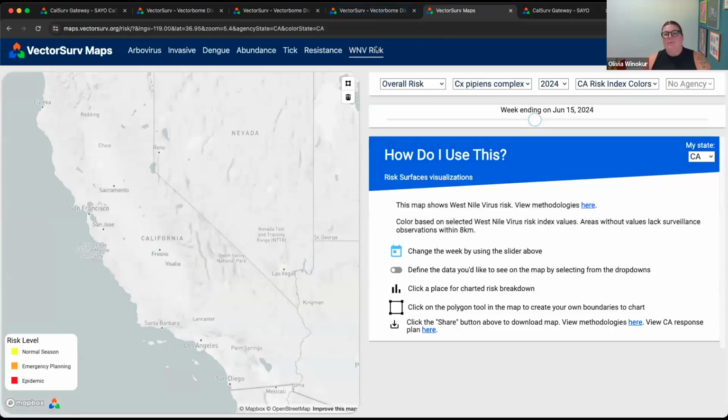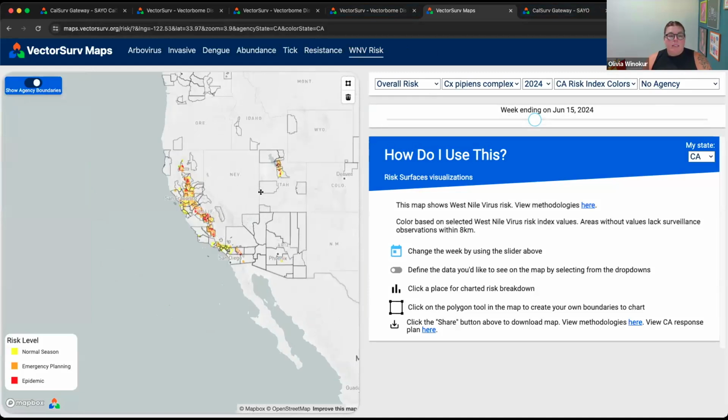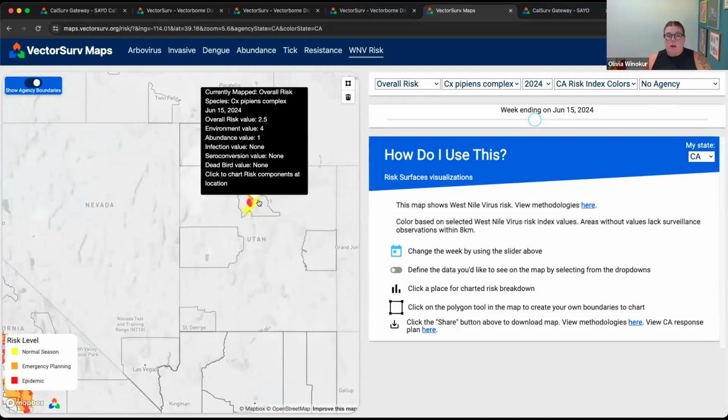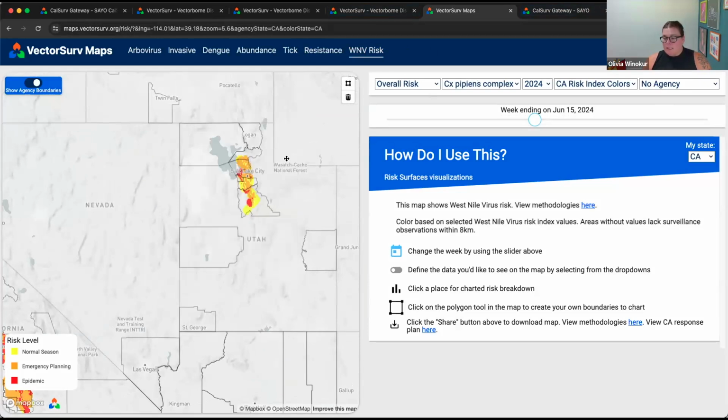So our West Nile virus risk map is basically that calculator running under the hood. If you just want to look at this on a wider scale, without making those decisions for the specific spatial regions, you can do that. This will show other states as well. For example, in Utah, it's showing based on the data that they have collected.